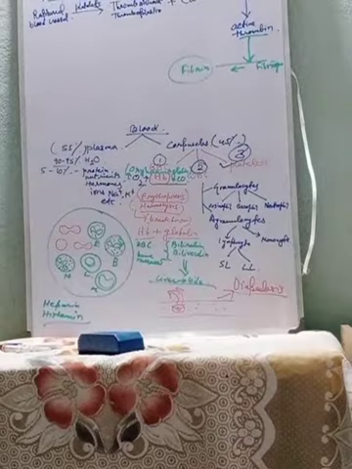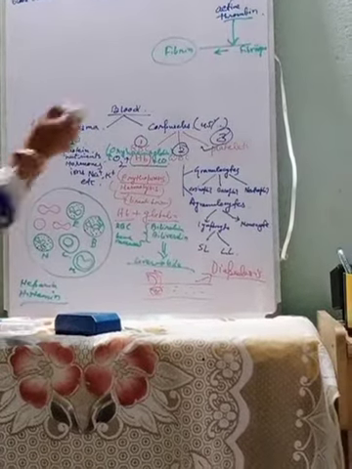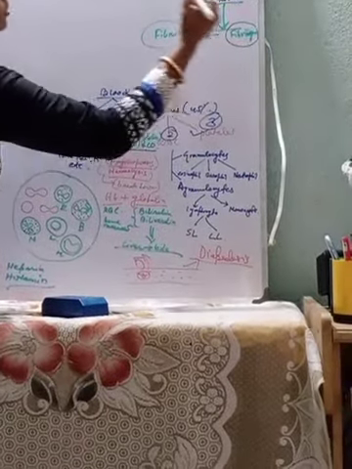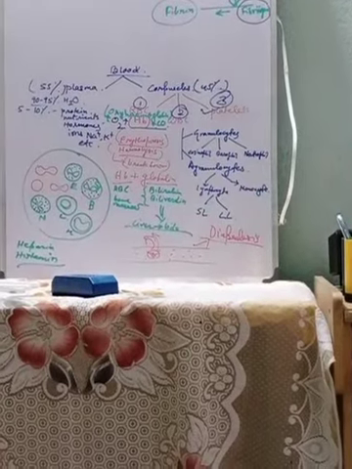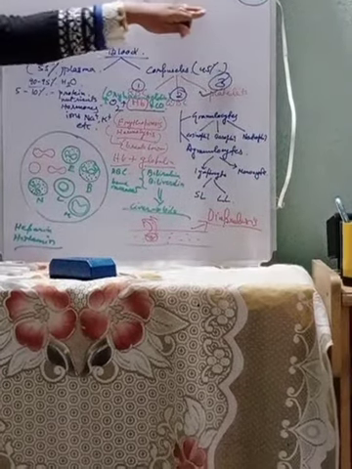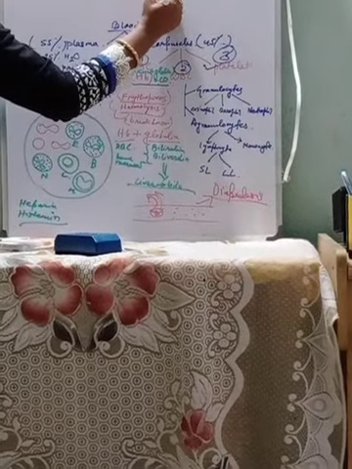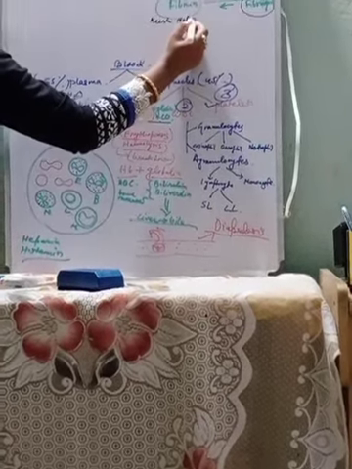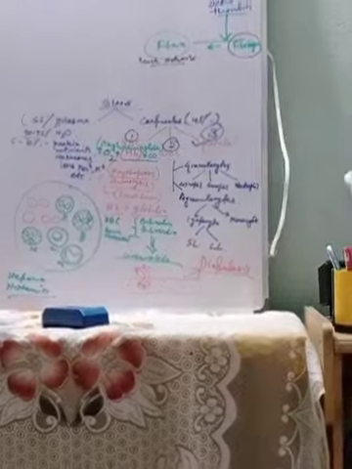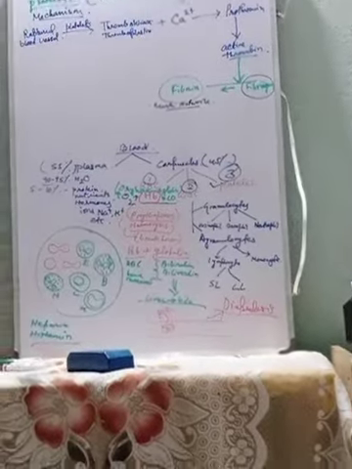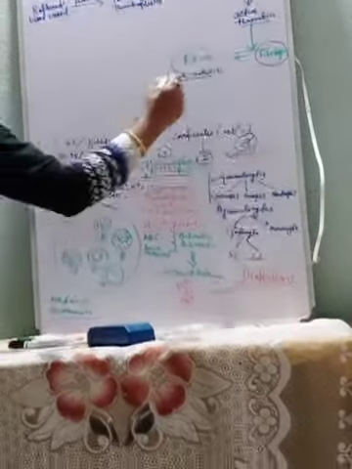They will convert this fibrinogen, which is a soluble protein in the plasma, to a mesh-like network that is called fibrin, in which all the blood corpuscles will be trapped.